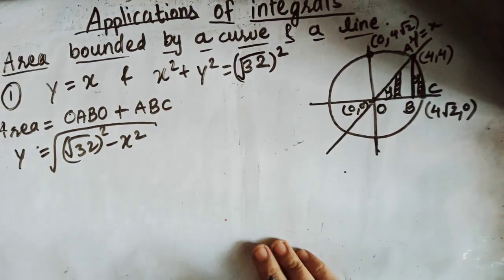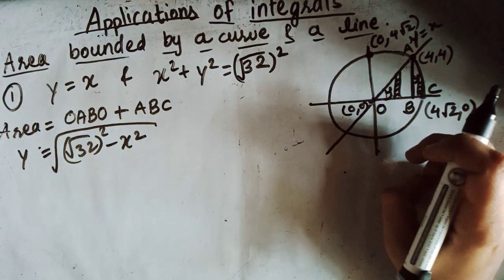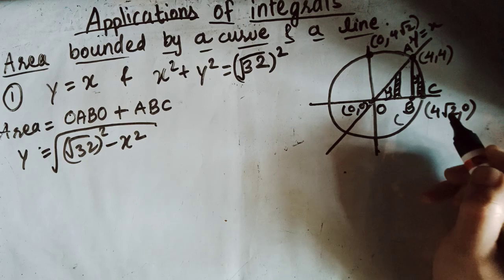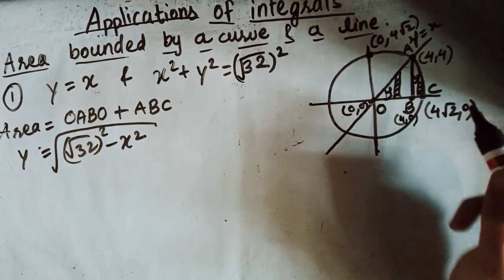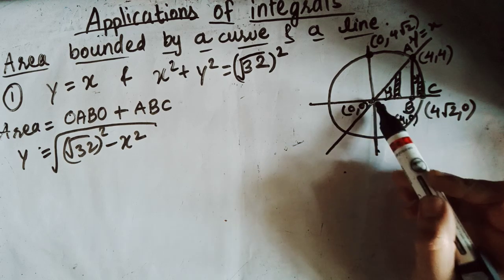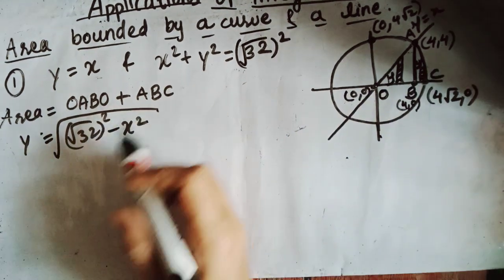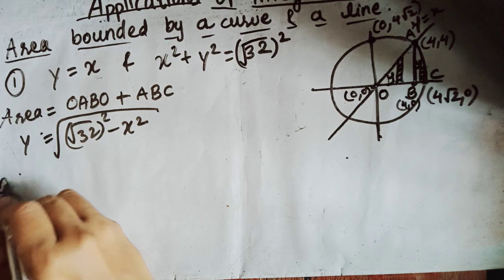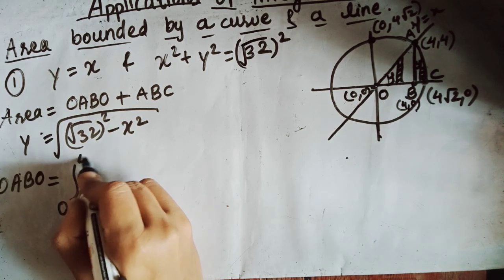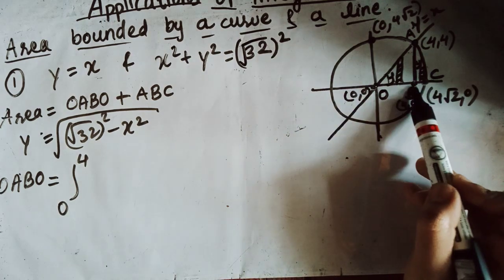And this point is 0, 4 comma 0, right? So the x points are moving from 0 to 4. Now you are finding the region OABO, so your limit is moving from 0 to 4.